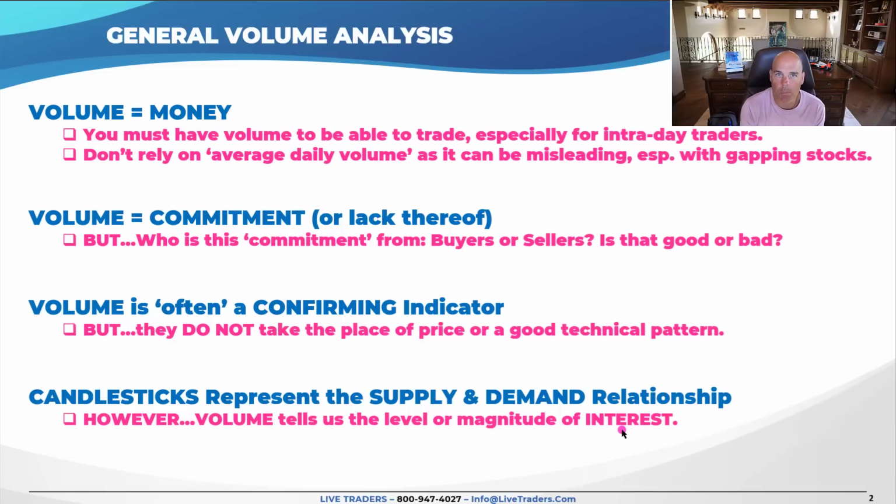Mom and pops don't buy hundreds of thousands of shares, millions of shares. So when you see a 300K spike on Tesla, that's not your next door neighbor unless you live next to Bill Gates or Warren Buffett, okay? The magnitude of interest is equally important as the supply and demand relationship, okay? It's not the who and the what, it's putting it together because we're looking for confirmation.